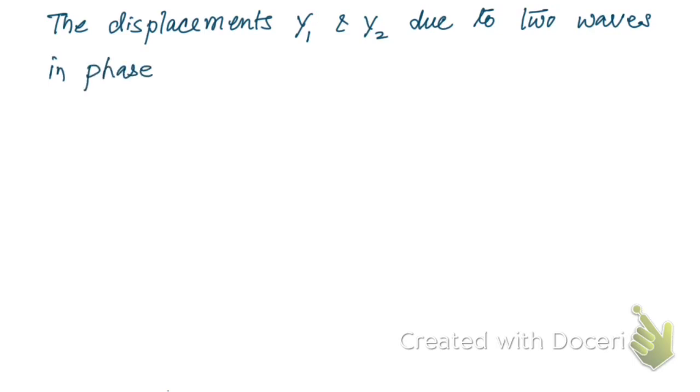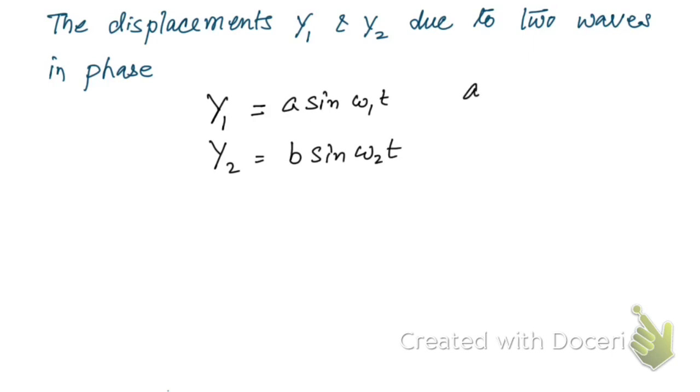At any point, we suppose y1 is equal to a sin omega1 t, and y2 is equal to b sin omega2 t, where a and b are the amplitudes.